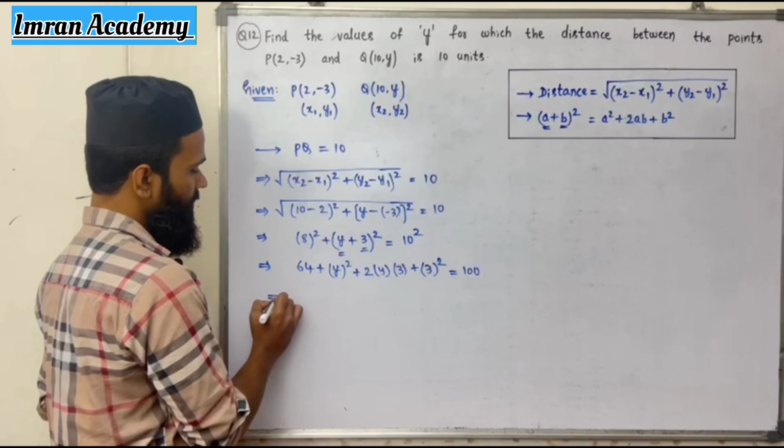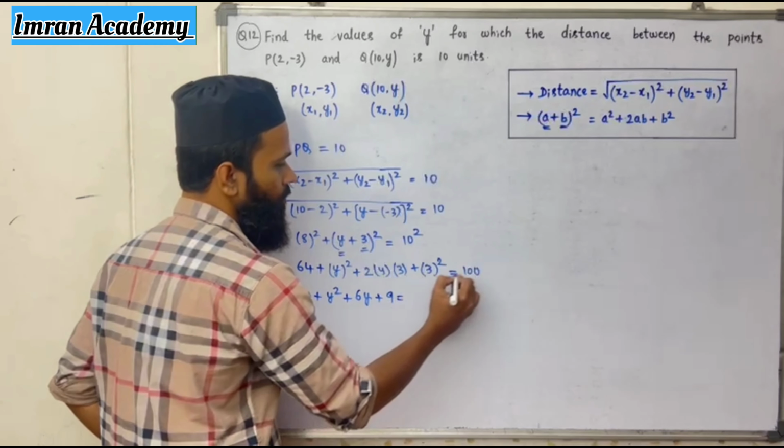It implies 64 plus y square plus 6y plus 3 square, which is 9, is equal to 100.